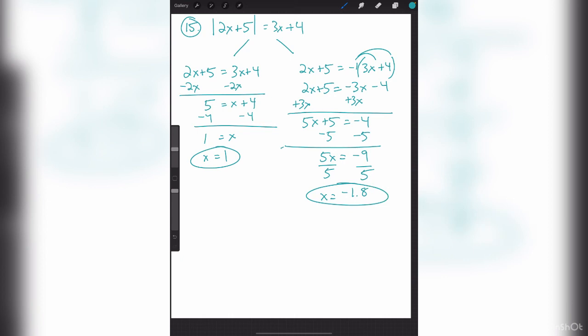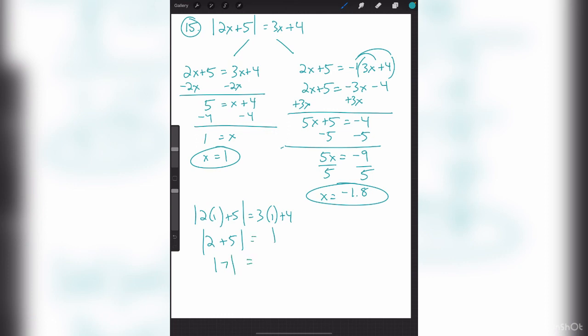So if I go ahead and check my work, let's check for x equals 1. I could say the absolute value of 2 times 1 plus 5 is equal to 3 times 1 plus 4. All right, so let's go ahead and work through this. 2, absolute value of 2 plus 5 is absolute value of 7.